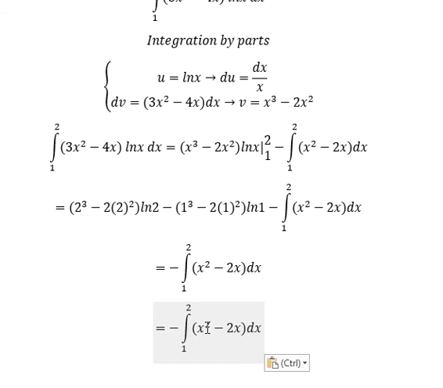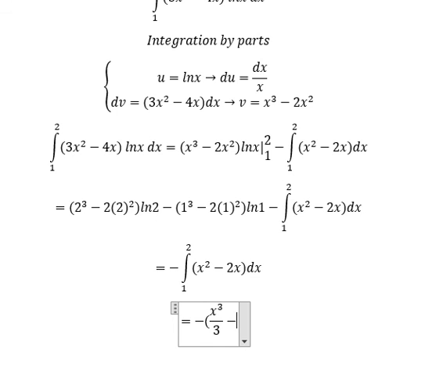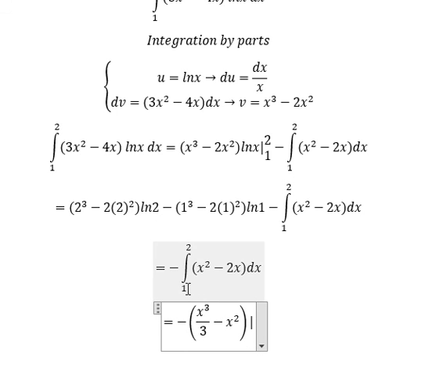Now the integration of s squared, we have s to the power of 3 over 3. The next one is s squared. And we put the bounds from number 1 to number 2.